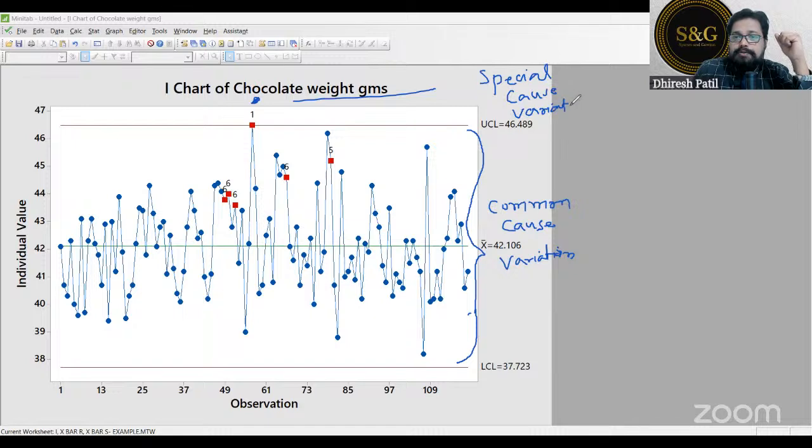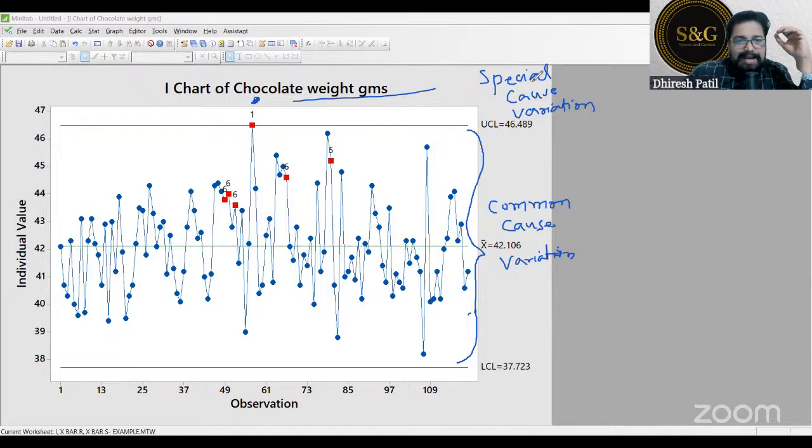Make a note of this. Now, these tests are showing us, within common cause variation, is there any significant trend and pattern which over a period of time has a potential to become a special cause variation? Are you understanding this?